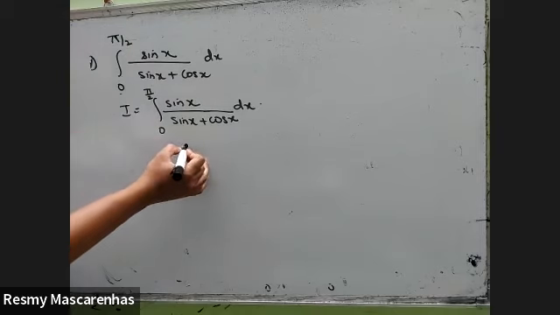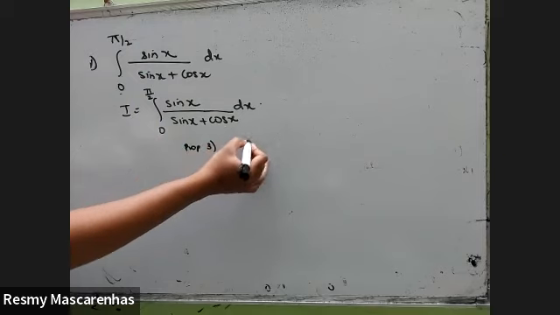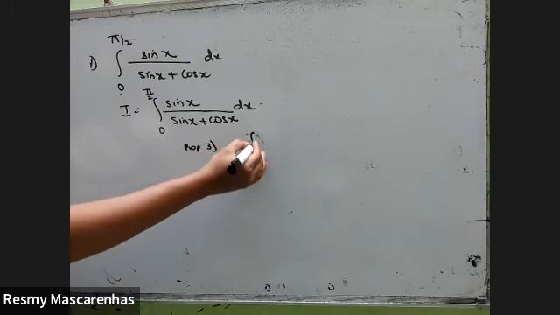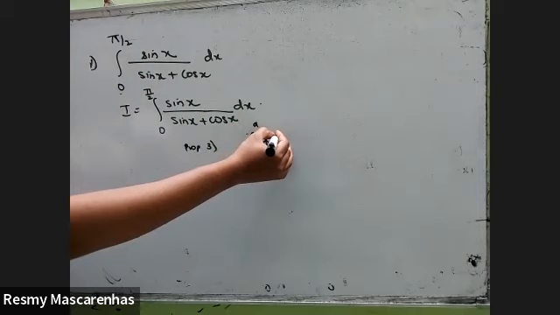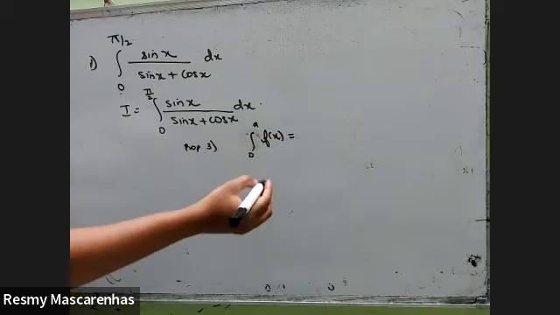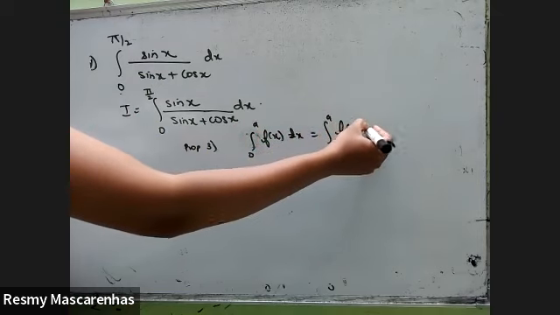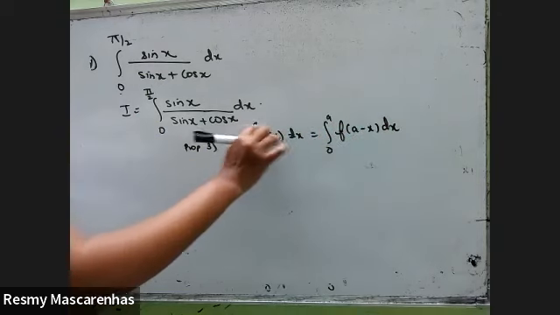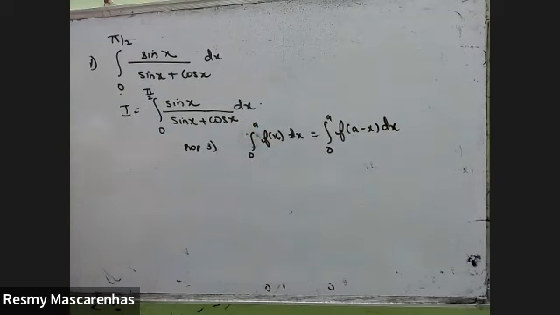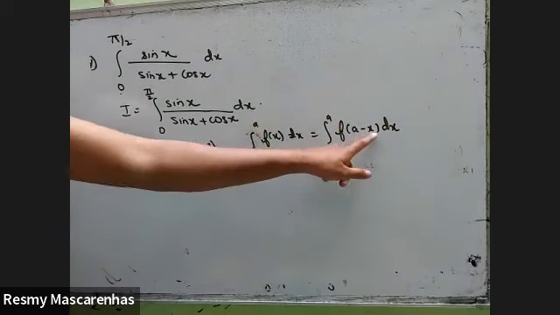So I'll use property 3. What property 3 says is 0 to a f of x can also be written as 0 to a f of a minus x. A means this is the limit. You can just replace it by this number also.